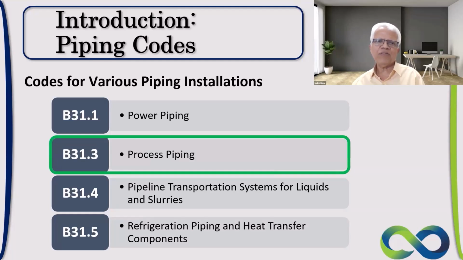our main focus is going to be on B31.3 process piping, and we will also study major differences of B31.3 with respect to B31.1 as we go further into the details. So our main focus will be on B31.3 and some relation with B31.1 and major differences.